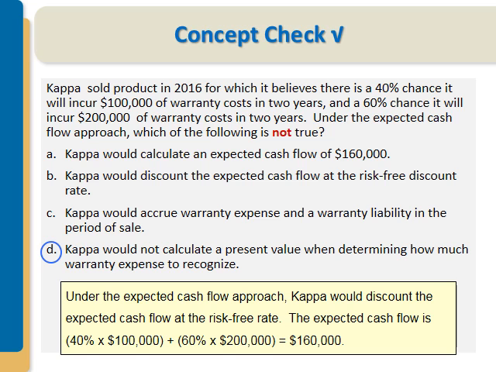Under the expected cash flow approach, Kappa would discount the expected cash flow at the risk-free rate. The expected cash flow is 40% times 100,000 plus 60% times 200,000, or 160,000.